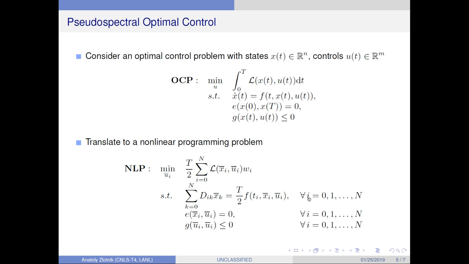The dynamic constraints are evaluated using the differentiation matrix at the collocation points on the time basis support, and the equality constraints and any path constraints are also evaluated along the path or at the endpoints.